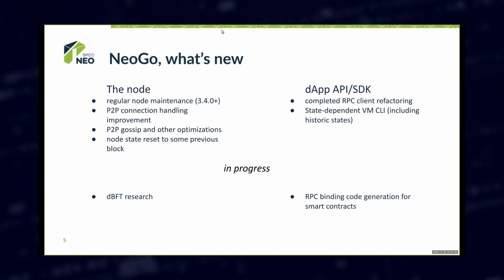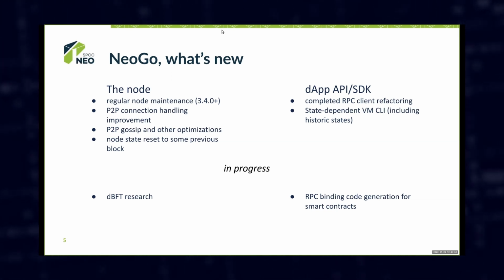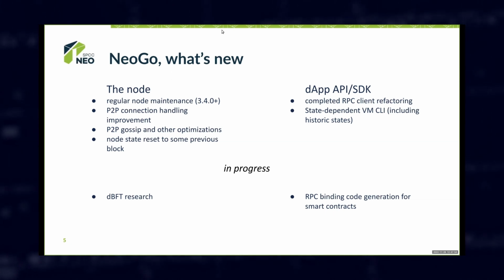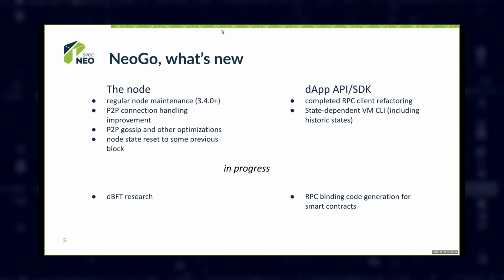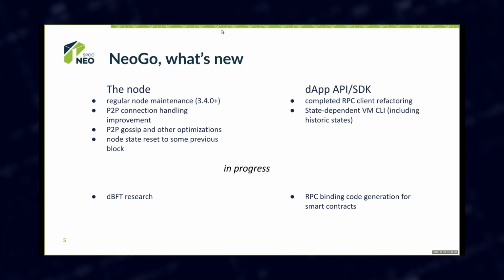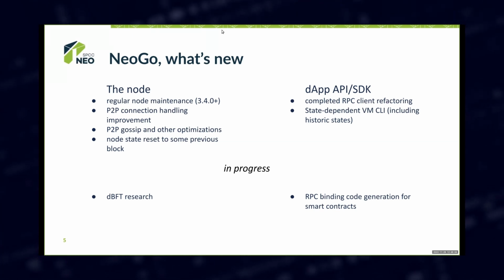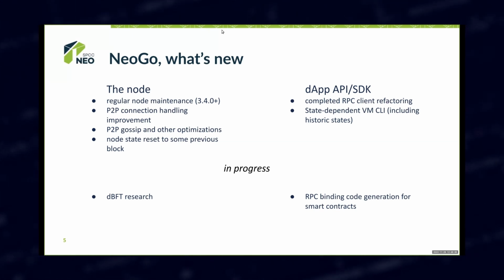Fewer reconnects in various cases and more stable behavior. And we also have optimized our gossip and some transaction handling. So we have better TPS metrics for network scenarios as well in our new node releases that are available already.